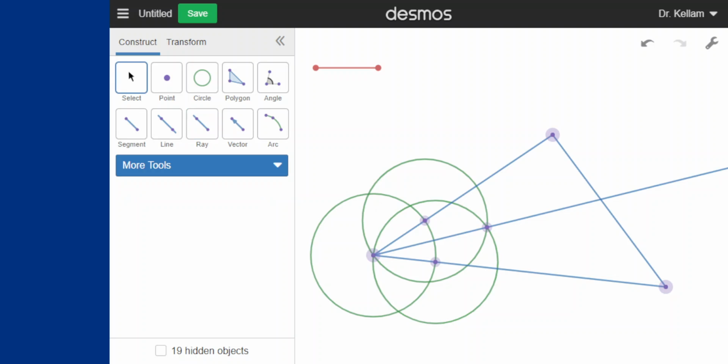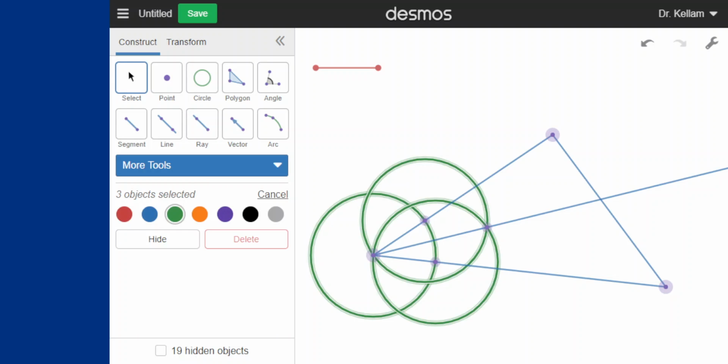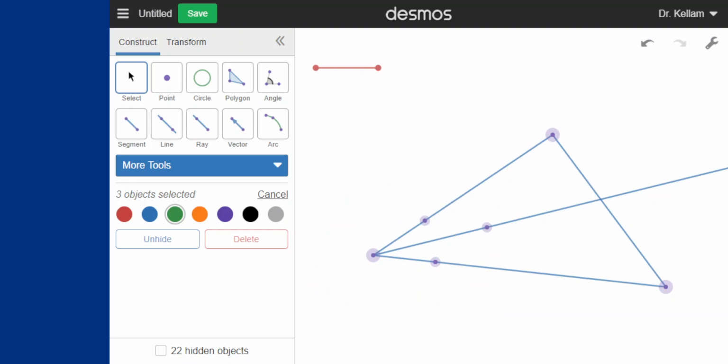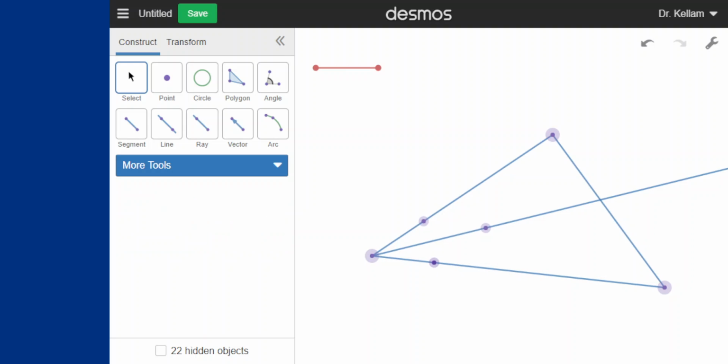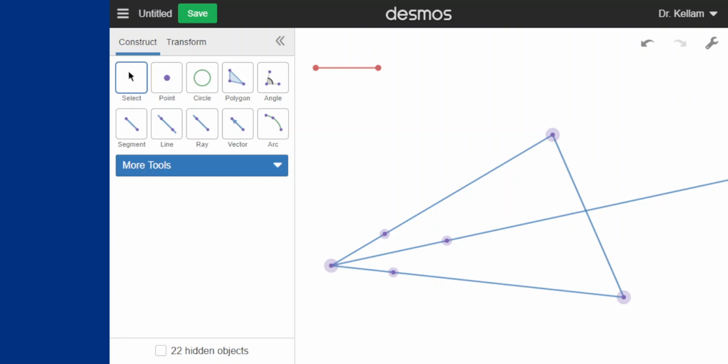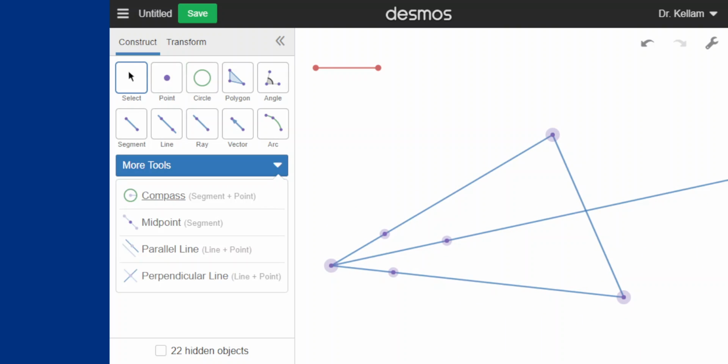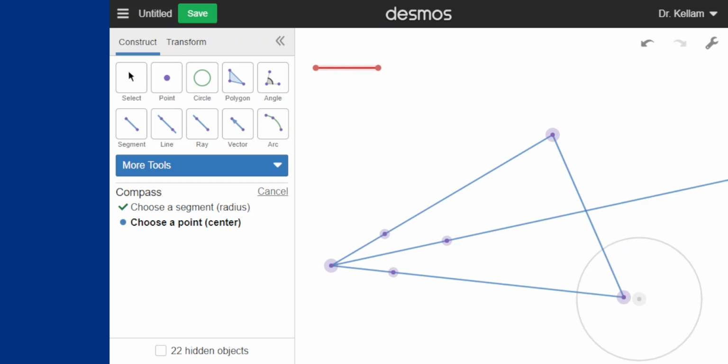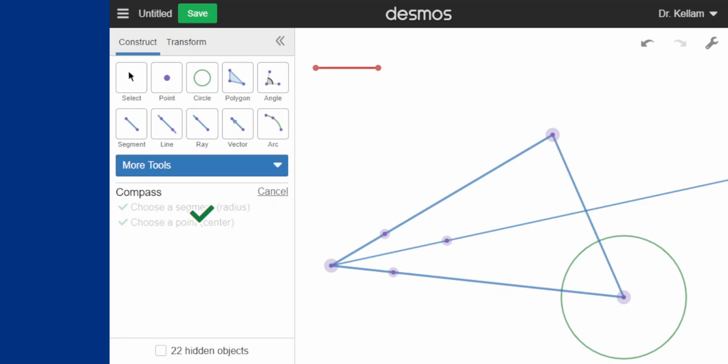Now, just because this is going to get very crowded, I'm going to go ahead and delete that. I'm going to make another compass mark, with the same radius that we did on the last one.